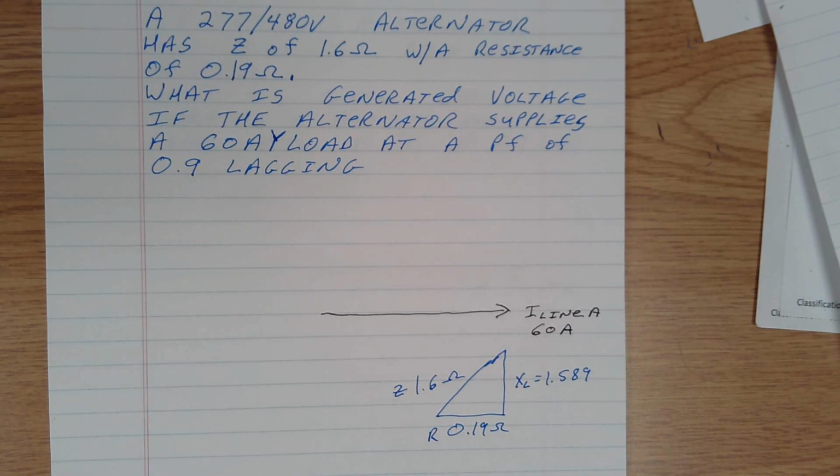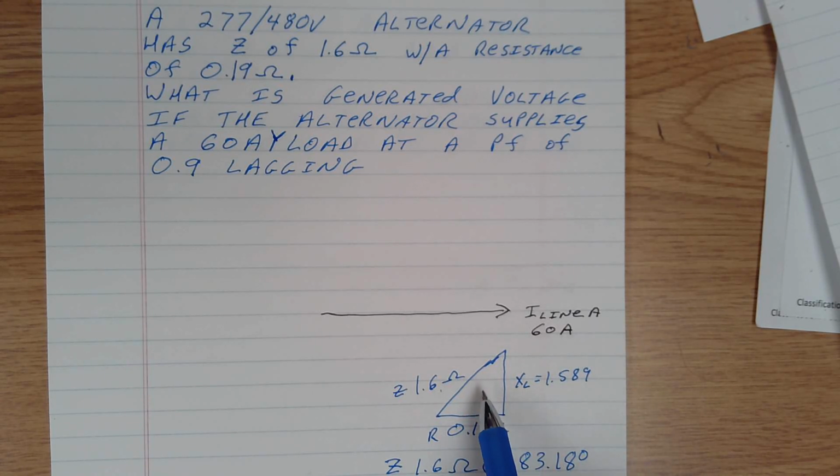The other way to tackle this, if we know our impedance and our resistance, and we're going to have to do this either way, is to say that the Z value of 1.6 ohms happens at 83.18 degrees, right? We take the ratio of our resistance to our impedance and get a value of 0.11875.